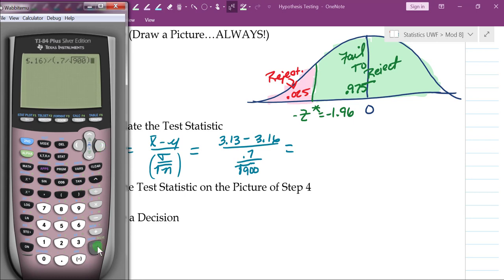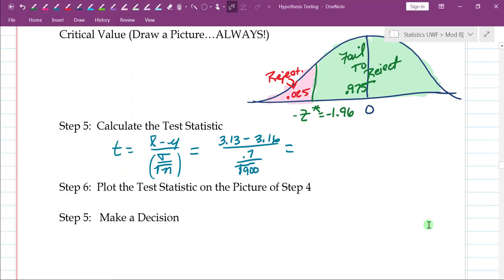So it's negative 1.285, so I will make this a negative 1.29. So negative 1.29, and we're going to plot this.